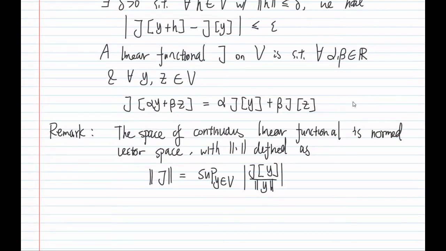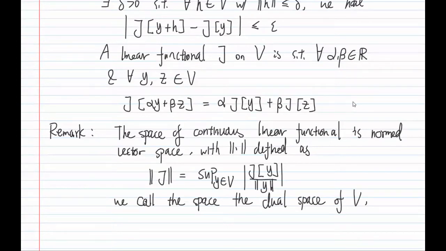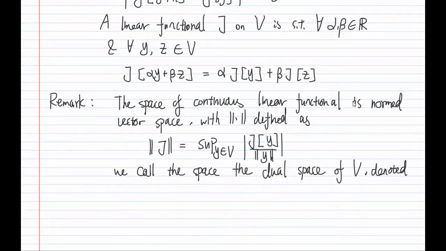And this space is called the dual space of V, denoted by V star. Okay, we wouldn't quite use this definition, but I thought it would be nice to mention it.